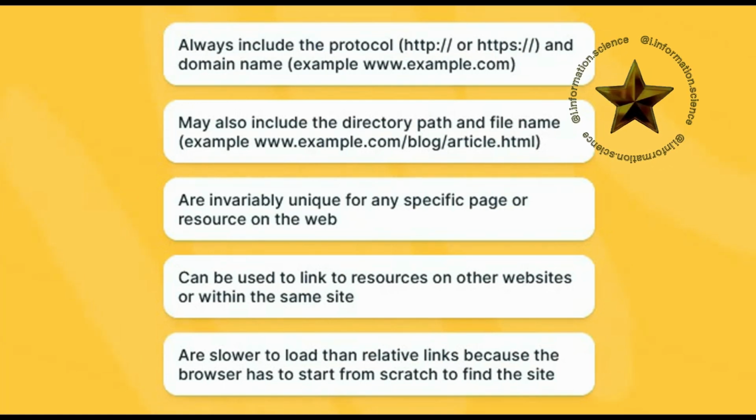Are invariably unique for any specific page or resource on the web. Can be used to link to resources on other websites or within the same site. Are slower to load than relative links because the browser has to start from scratch to find the site.